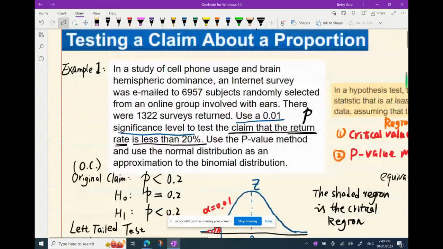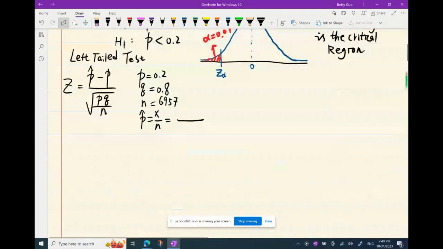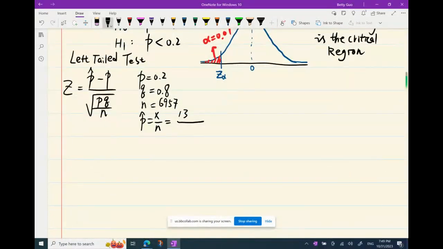How many returned? 1322. So it's 1,322 over 6,957. I normally don't convert this fraction to a decimal. I would just put it in the calculator. I'll tell you how.